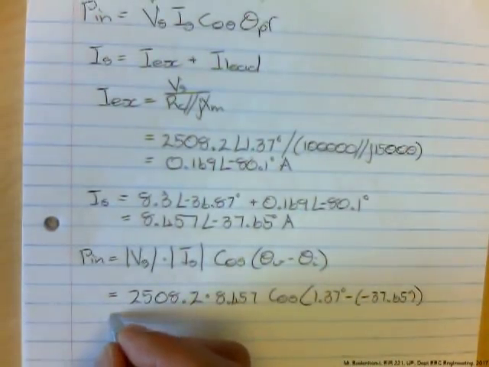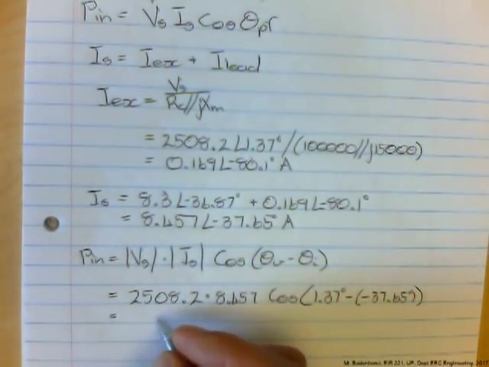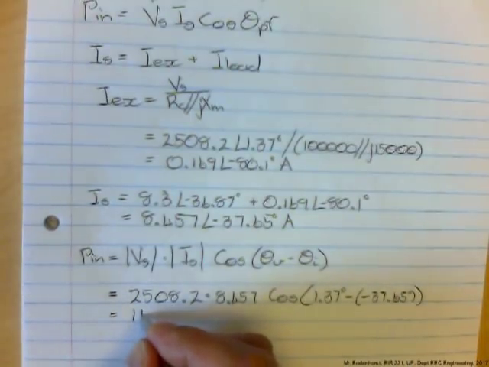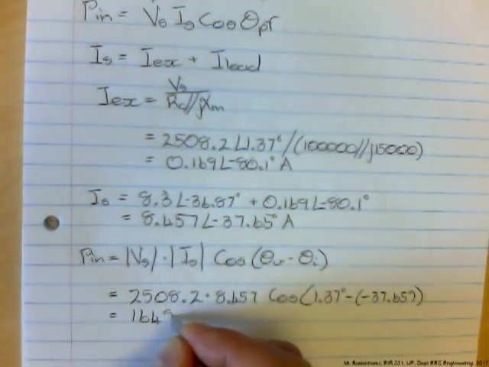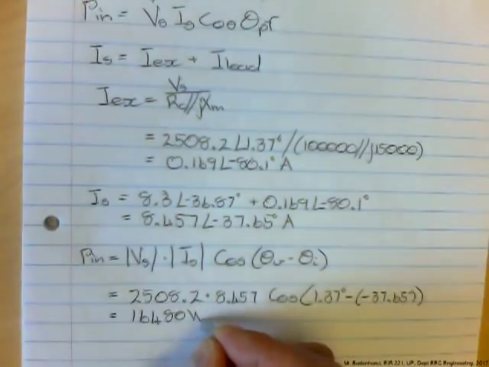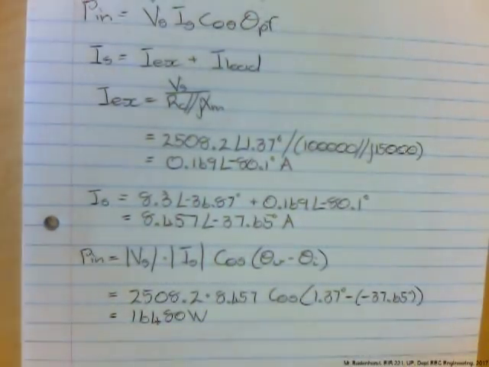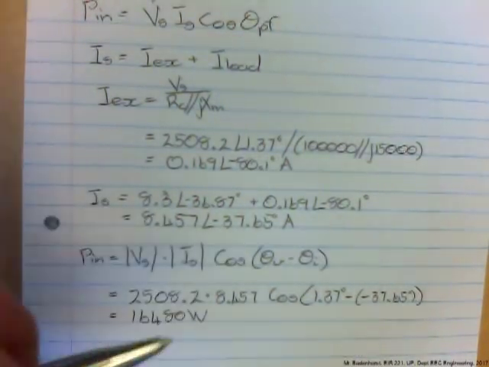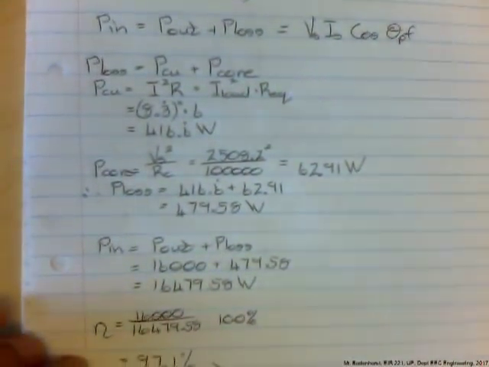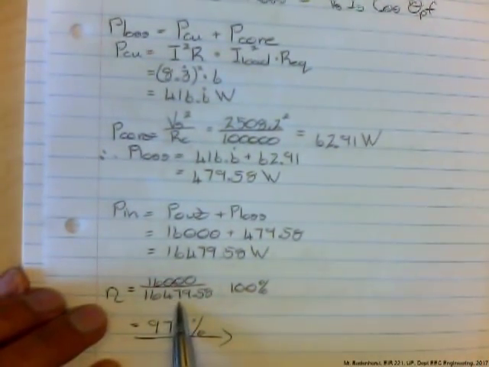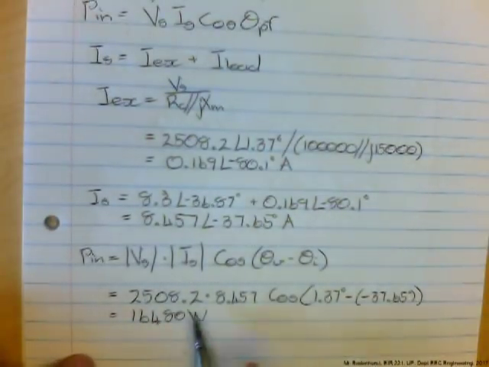So if you do that number crunching, you're going to get 16,481.80 watts. And if we just double check that quickly with what we've got for P in earlier, we had 16479.58. So it's very, very close, just a bit of rounding.